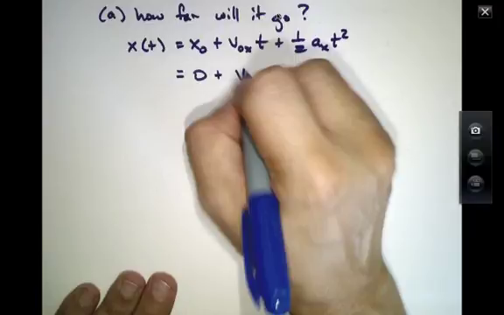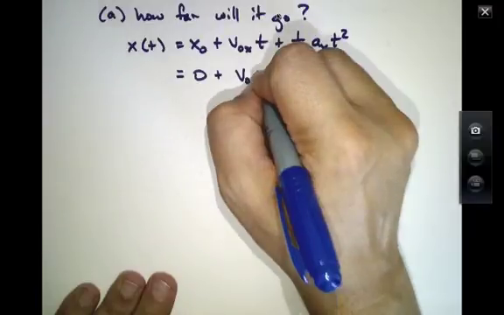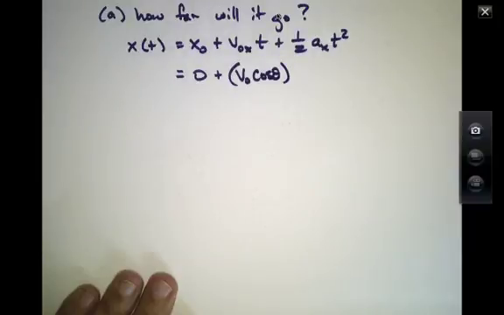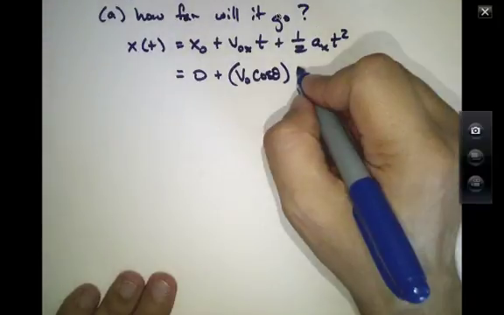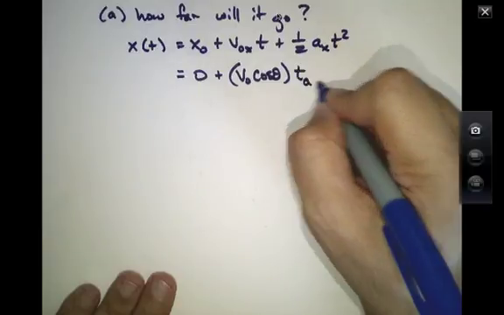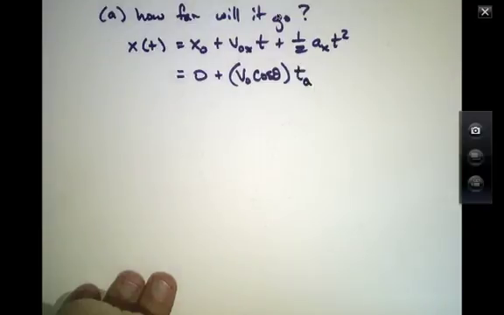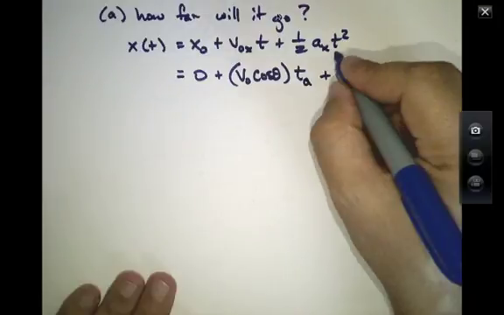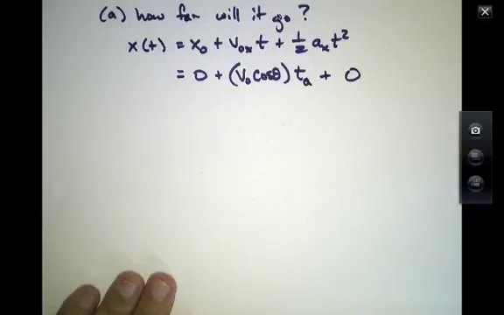This initial x component of speed, or velocity, will equal v naught cosine theta. And this time is the same time that we calculated from part A. So I'll just put that t from part A right there. And this last term is 0 because the acceleration in the x direction is 0.